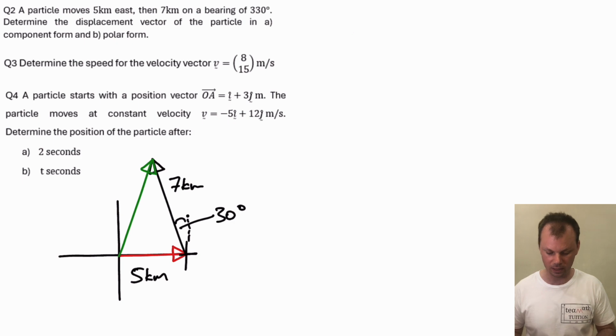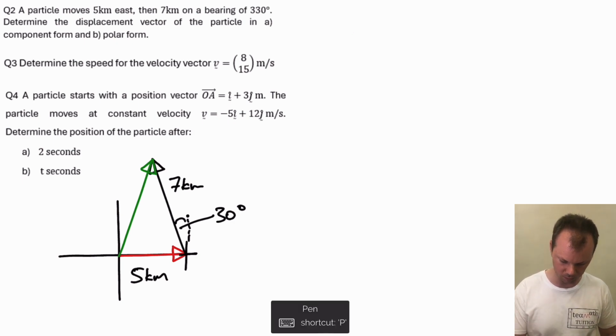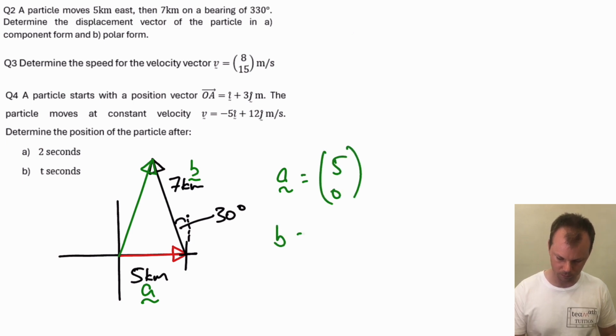So to come up with this, we can get our displacement vector for, if we call this A and B, A is going to be 5, 0. B is going to be 7. We need to work out this angle here. That's 120 degrees.